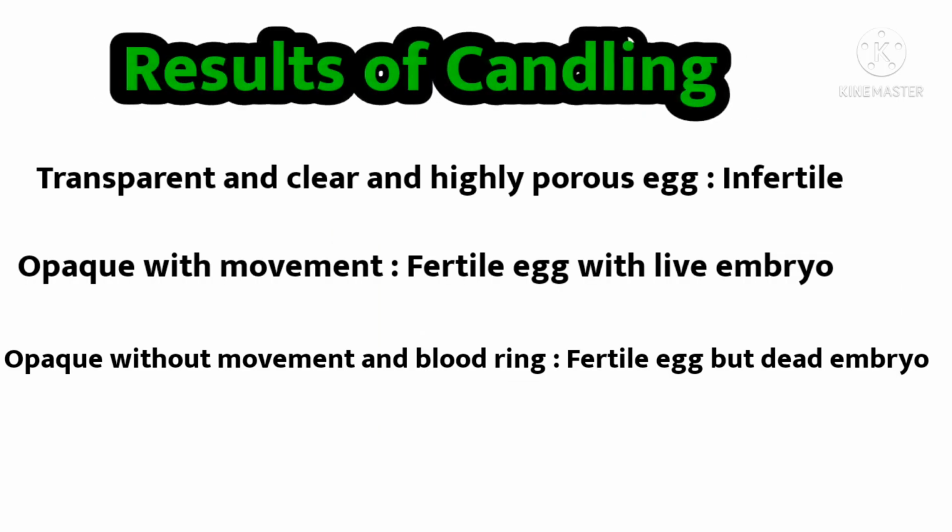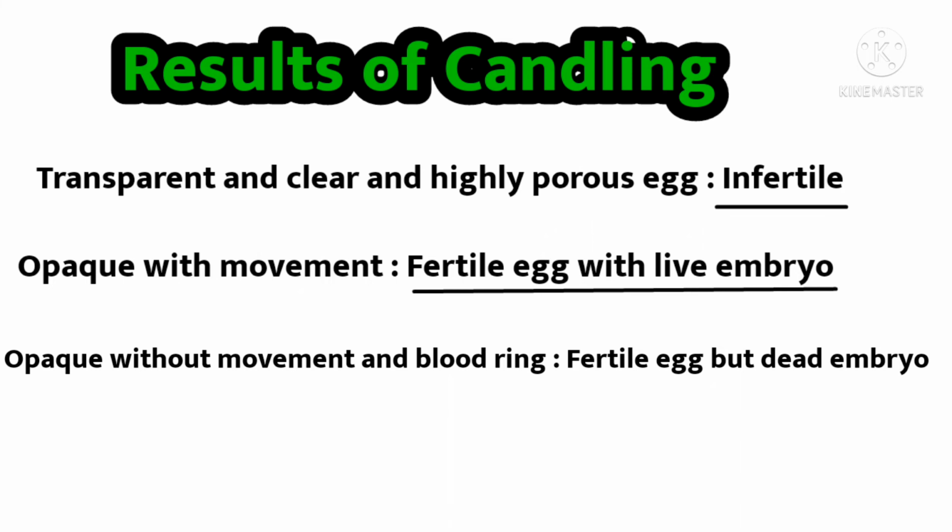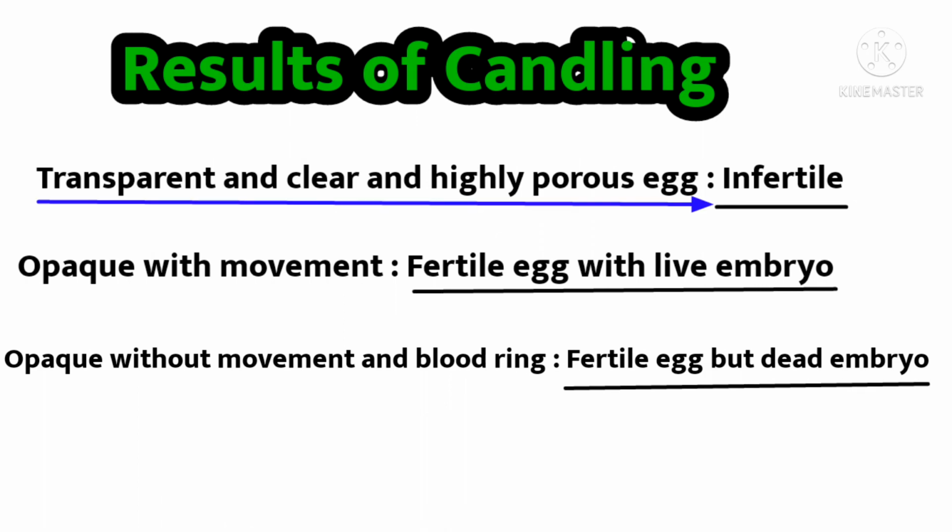At the end, which type of final results can you expect from candling? You can expect the egg may be infertile. You can expect that the egg may be fertile with a live embryo, and also you can expect the egg may be fertile but have a dead embryo. When the egg is infertile, it may be transparent, clear, and highly porous.